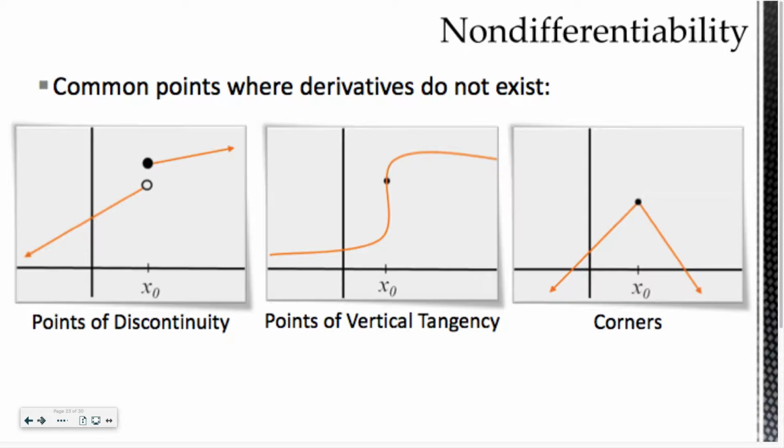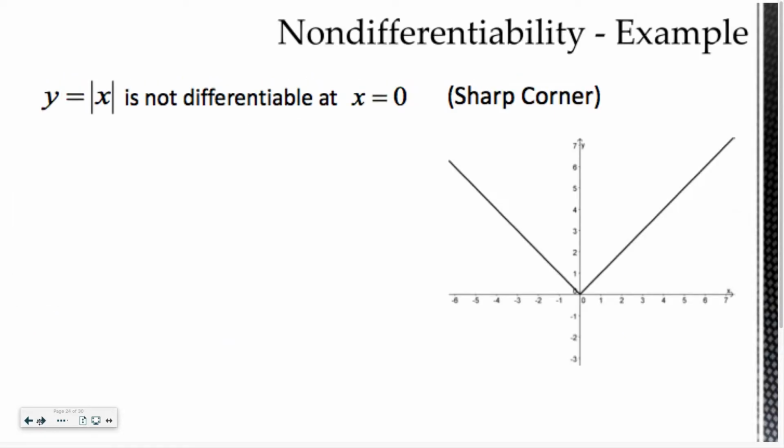What graph can you think of that has a corner? Absolute value. Okay? So the absolute value of x is not differentiable at 0. We can find derivatives to the right of 0, we can find derivatives to the left of 0, but we cannot find the derivative at 0. Okay? Fun fact.